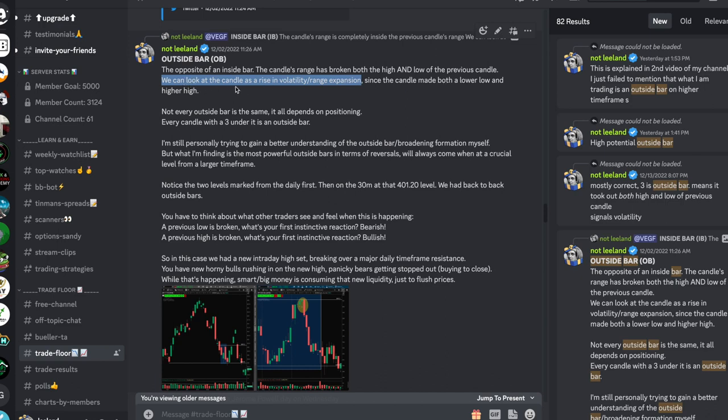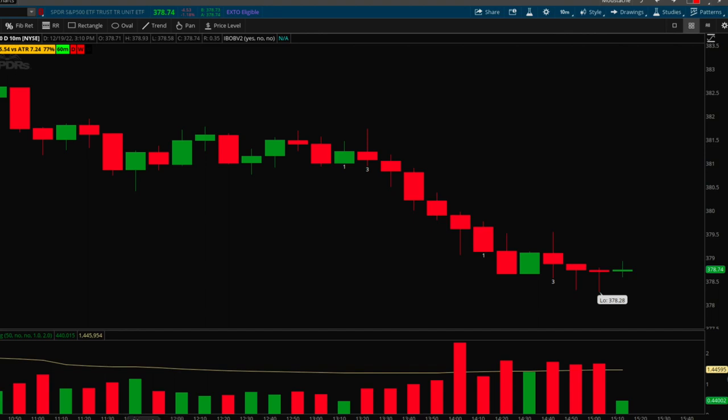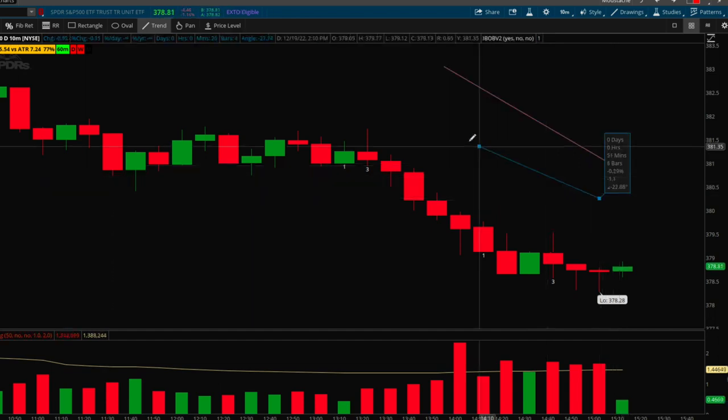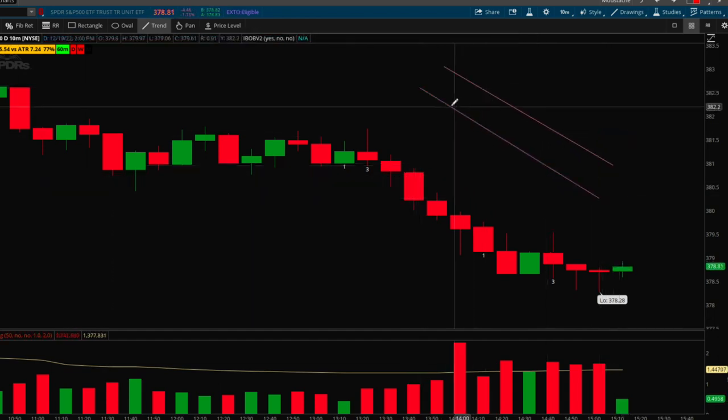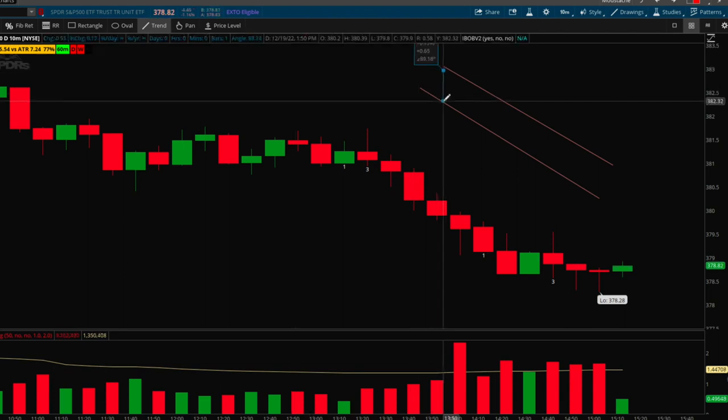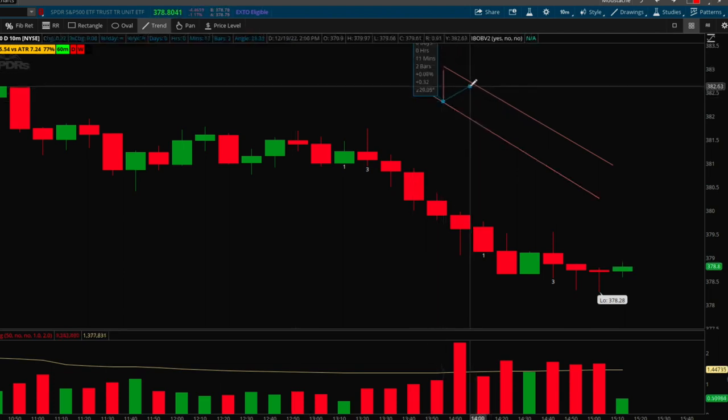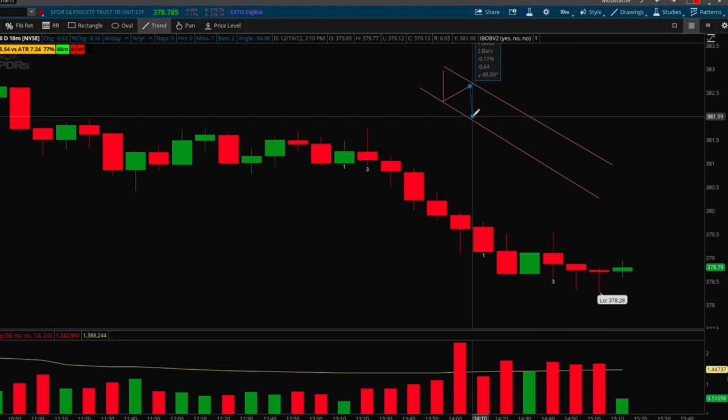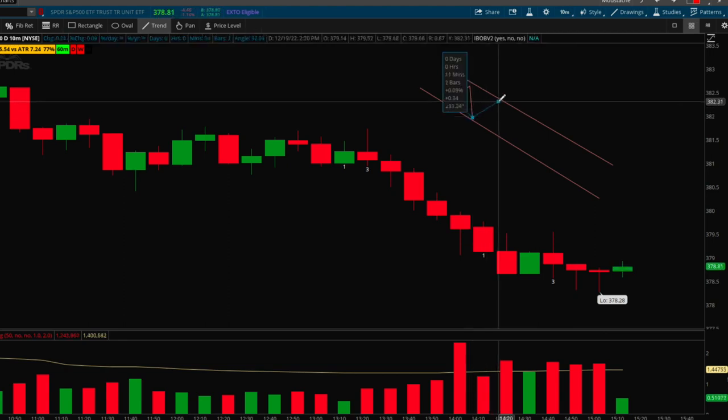So this can be, like I said, a signal of volatility, but also potentially indecision in the market, right? Because what do we know about trends? A downtrend, we have lower lows and lower highs, just like this. We'll have price going like this: lower low, lower high, lower low, lower high.